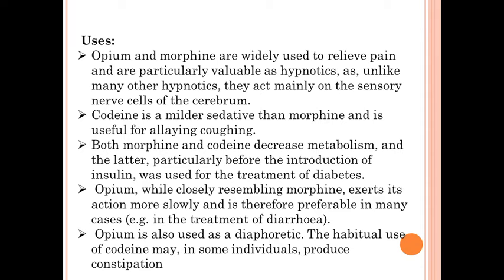Both morphine and codeine decrease metabolism, and the latter, particularly before the introduction of insulin, was used for the treatment of diabetes. The effect of morphine and codeine is that they decrease metabolism.